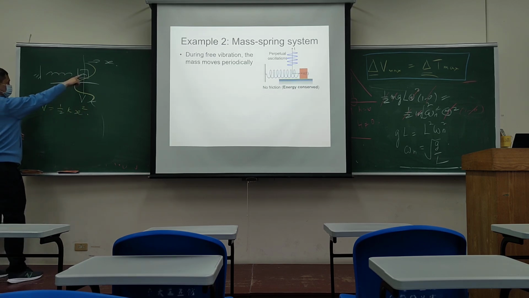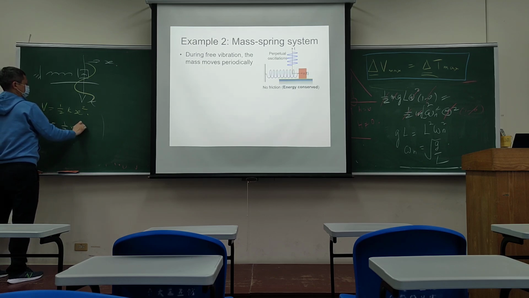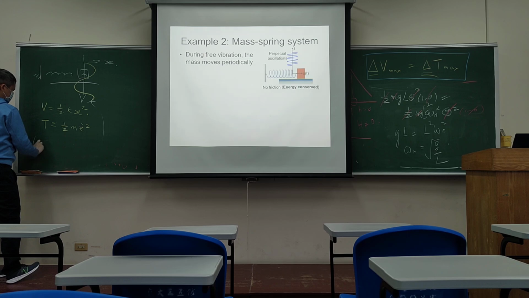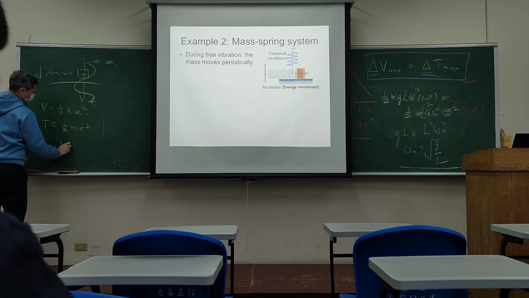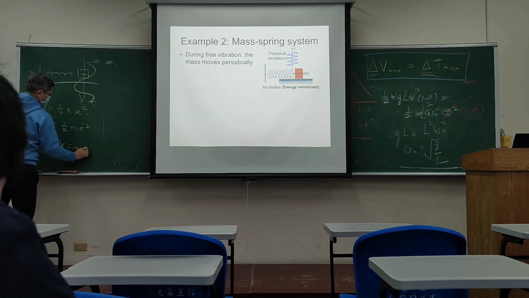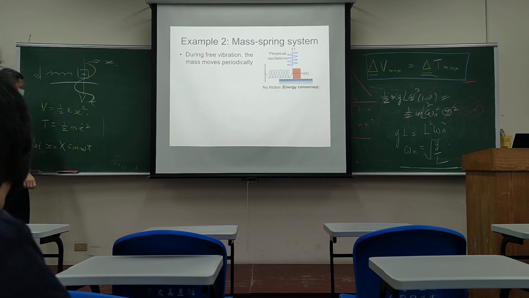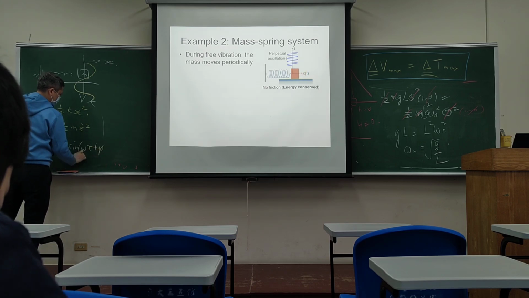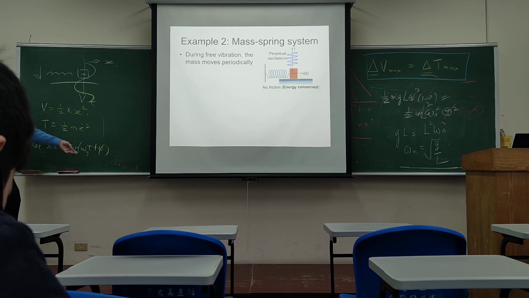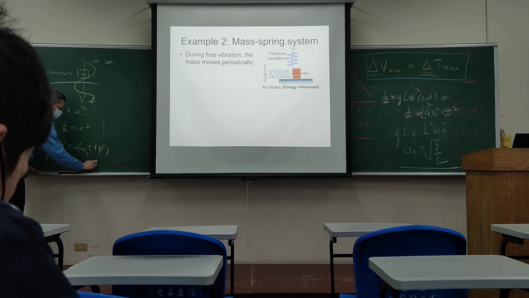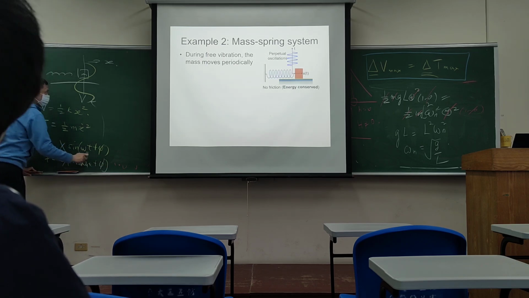And because of the mass, then you have half m x dot squared. And let x be equal to the amplitude X sine of omega n t plus phi. So this phase defines the starting point. You then have the speed being omega n X cosine of omega n t plus the phase.